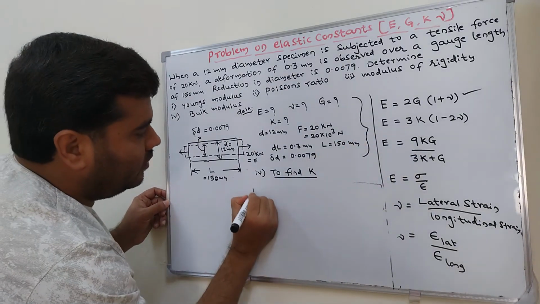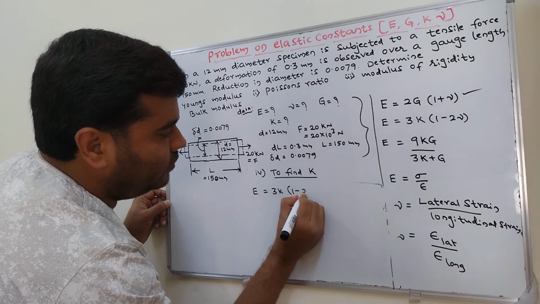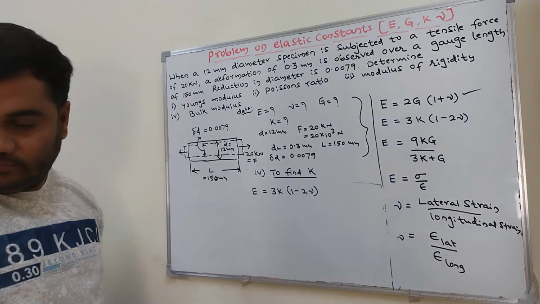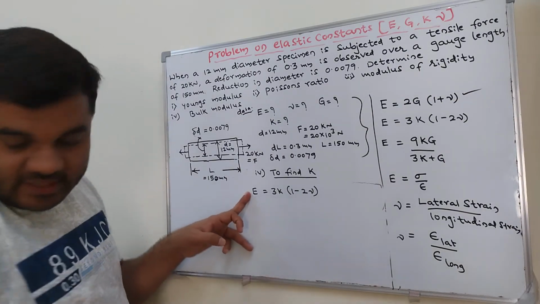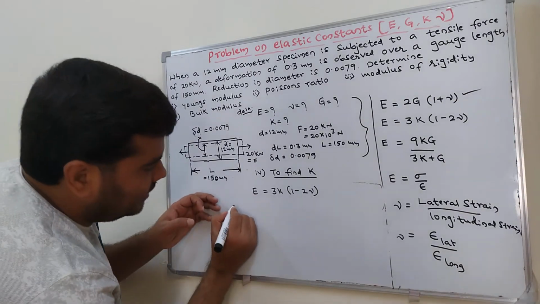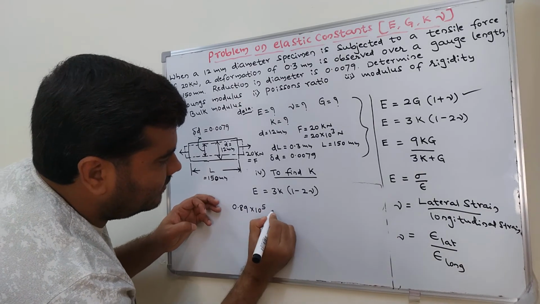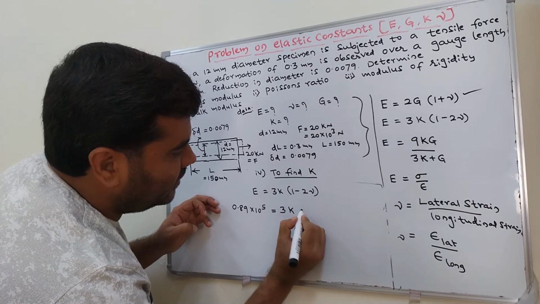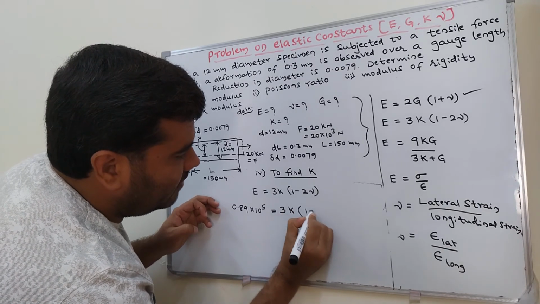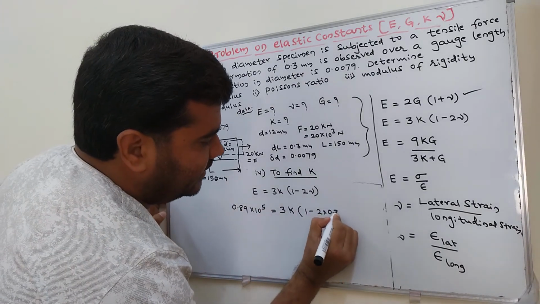E equal to 3K into 1 minus 2 nu. What is the Young's modulus value here? That is 0.89 into 10 raised to 5, already calculated, equal to 3, we want to calculate the bulk modulus K, into 1 minus 2 into the Poisson's ratio, 0.33.